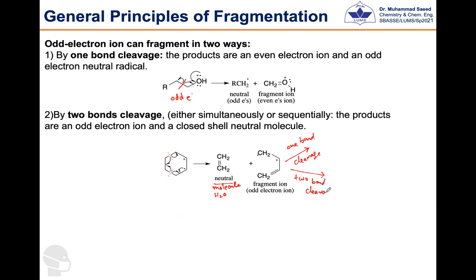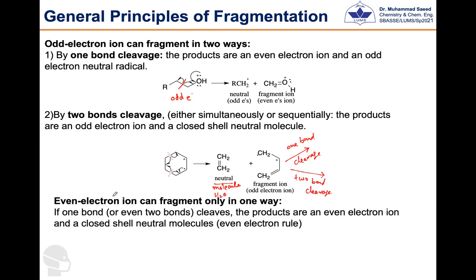So it again has two pathways available, whereas the even electron ion, which is originally formed or generated in the fragmentation mechanism, will always have only one way to go.